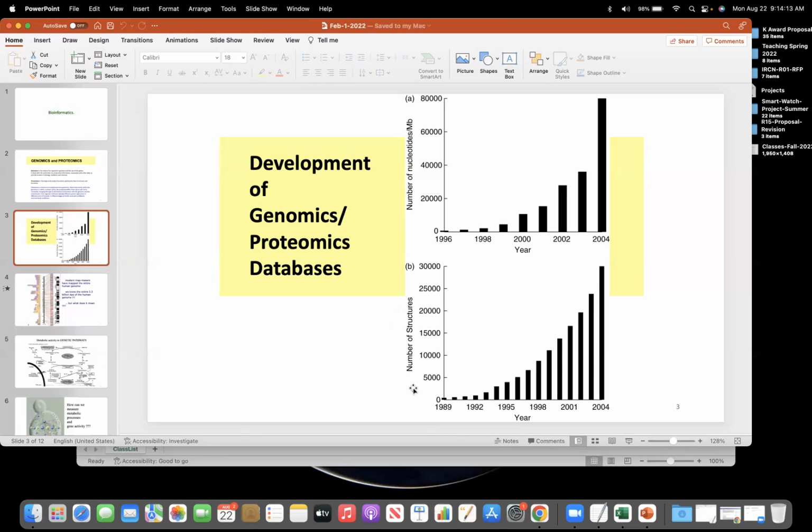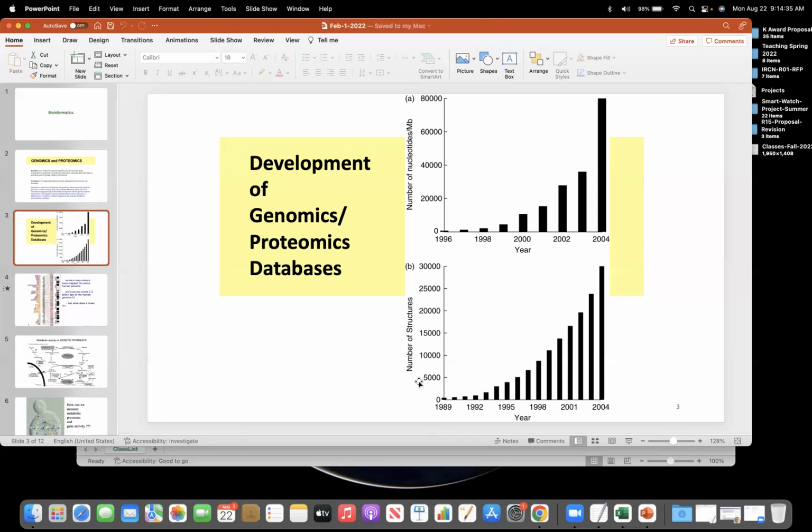And then this second one is for proteins. So structures is for proteins, proteomics, and nucleotides is for genes or genomics. Does that answer? Okay, so the first graph is genomics and the second one is the proteomics. Yeah, exactly. Okay, thank you.